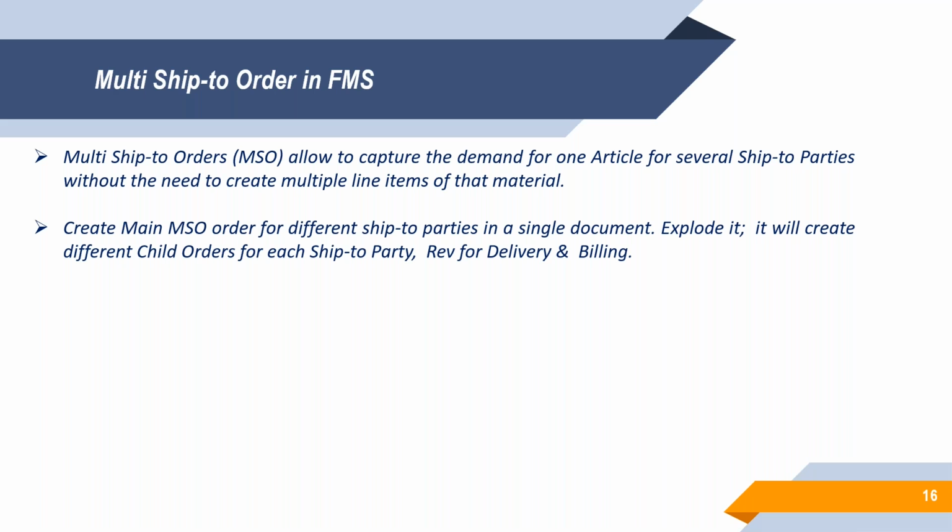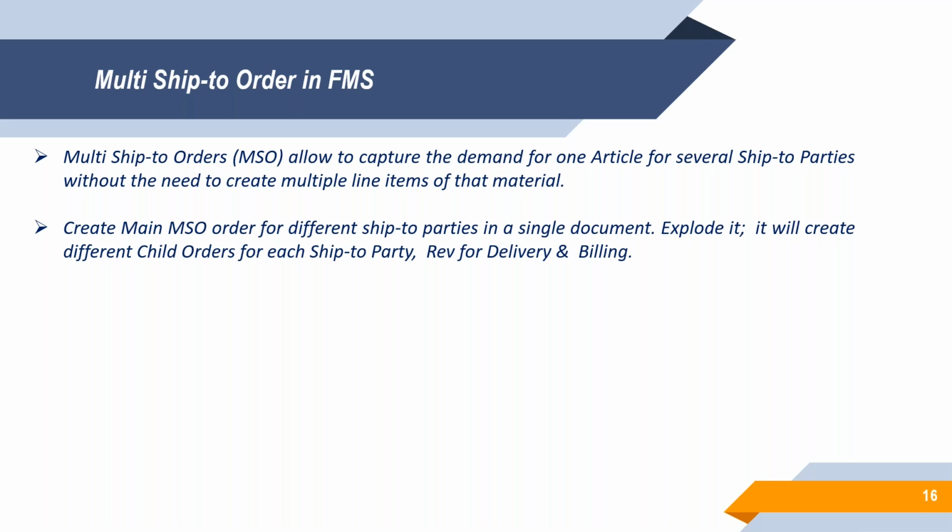We also have something called the MSOs, multi-ship to orders. Basically, MSO allows you to capture the demand of one article for several ship to parties without the need of creating multiple orders in the system for the different materials. So in this case, what happens? First, we create a main MSO and we explode this.